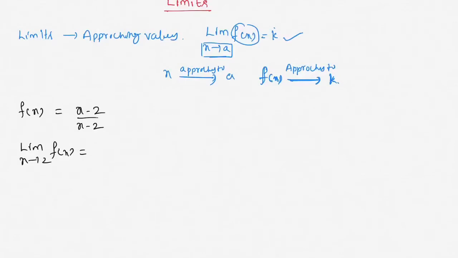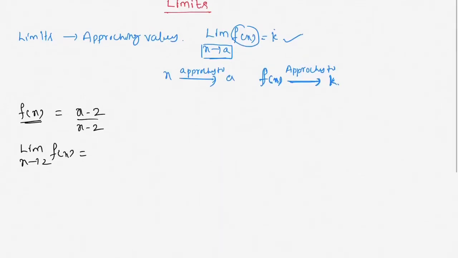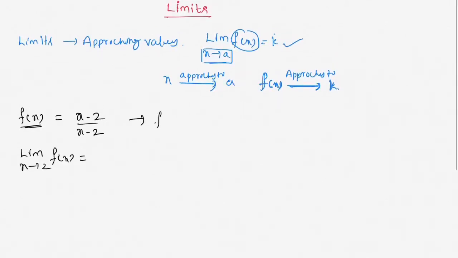How do you find the domain of the function f of x equal to x minus 2 by x minus 2? For every x belonging to R, we have to check whether f of x is defined or not. If I substitute x equal to 2, what will happen? f of 2 is 2 minus 2 by 2 minus 2, I will get 0 by 0, which is an indeterminate form.